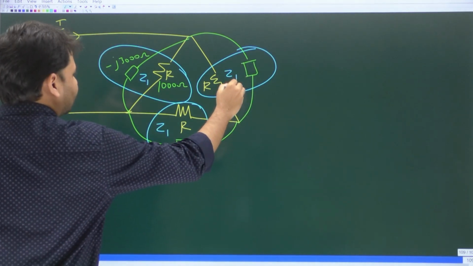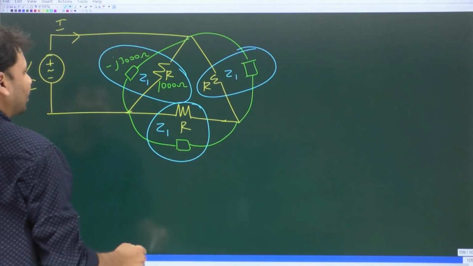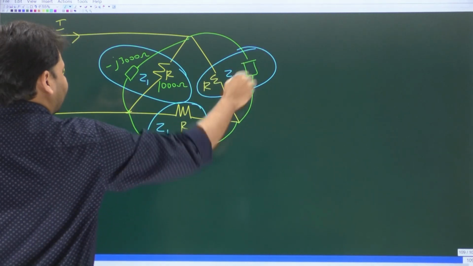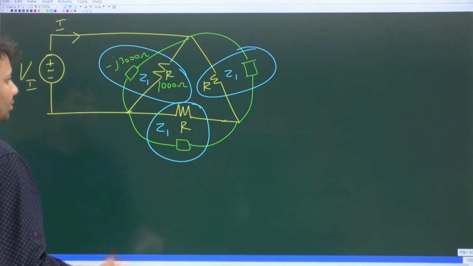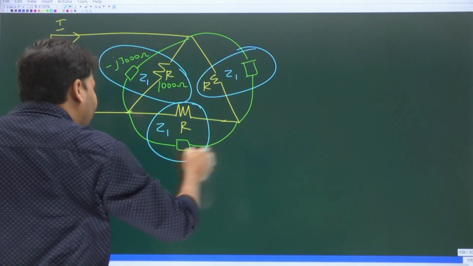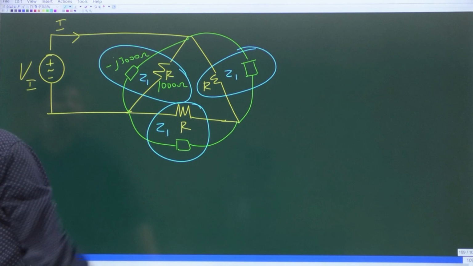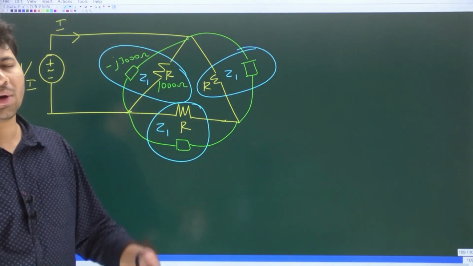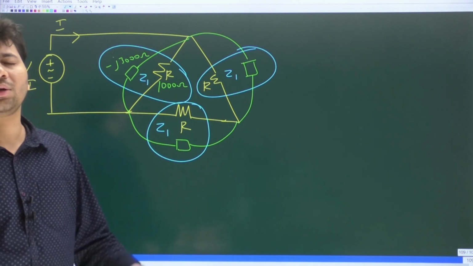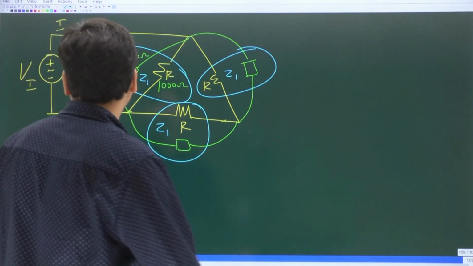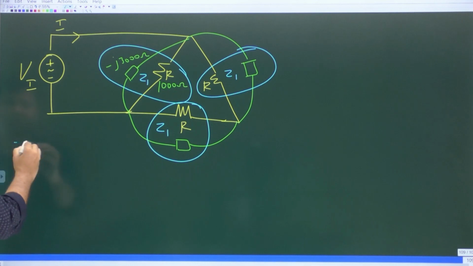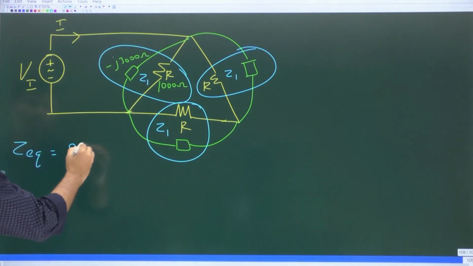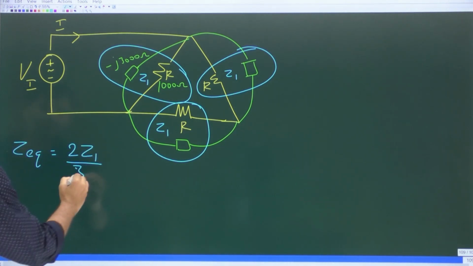Now if you look at this Z1 and this Z1, both are in series. So Z1 in series with Z1 is 2Z1. And this 2Z1, is it not in parallel with this Z1? 2Z1 parallel Z1 would be 2Z1 by 3. That's all. The equivalent impedance is 2Z1 by 3.